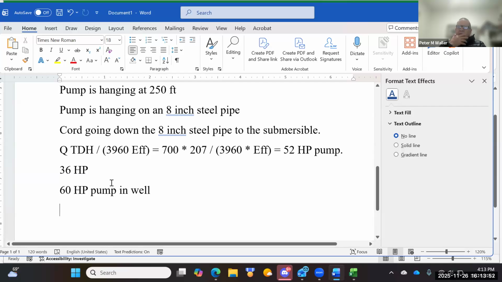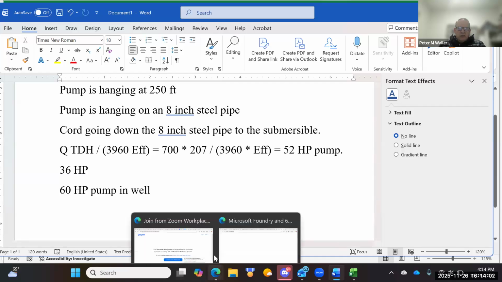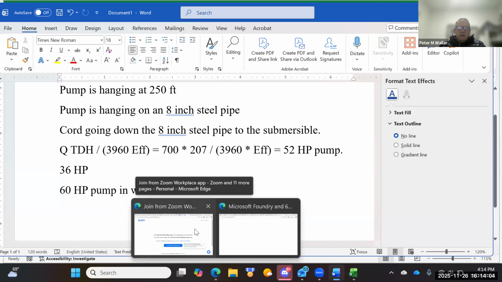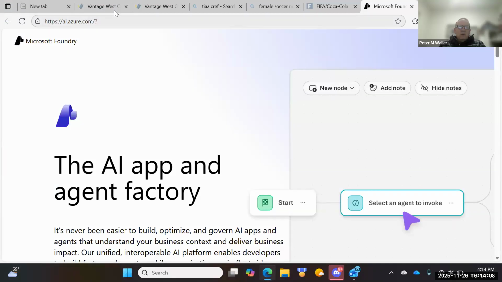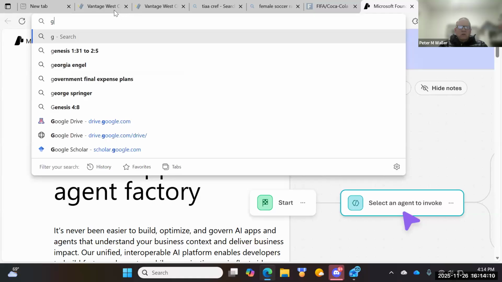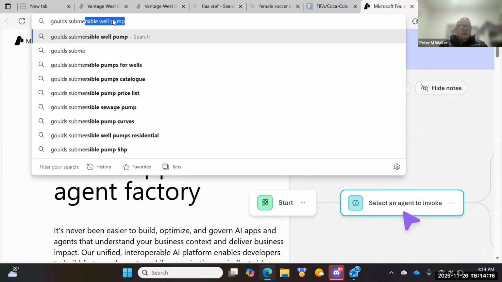And then from that point, you would call the pump company and ask them to spec a pump for you. Okay, so I'm going to try to find this page on the web.